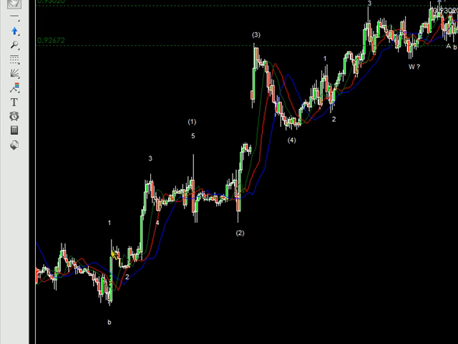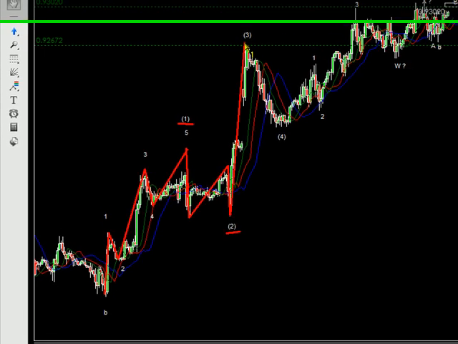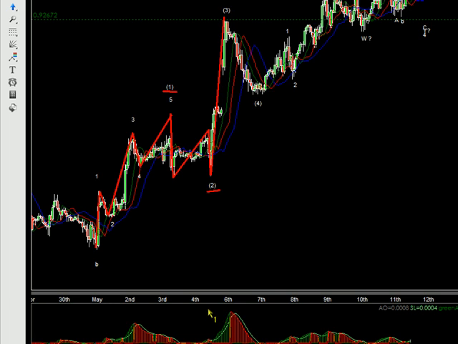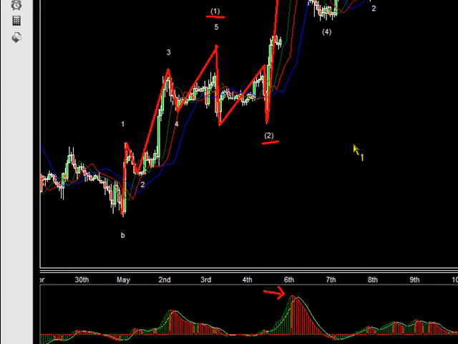I've counted 1, 2, 3, 4, 5 for a wave 1. This would be A, B, C for wave 2. And this entire move up would be a wave 3, corresponding to the peak on the awesome oscillator down below.